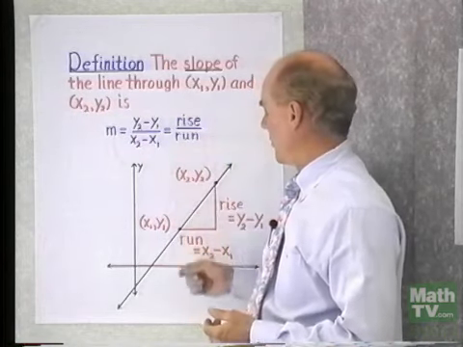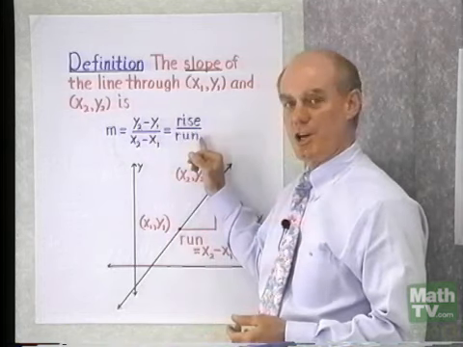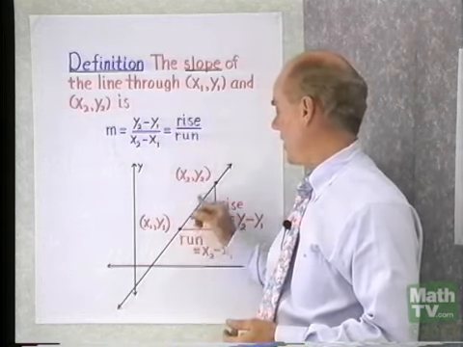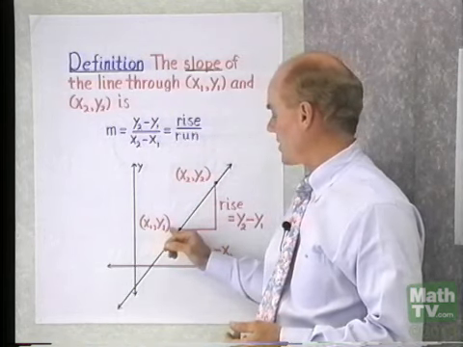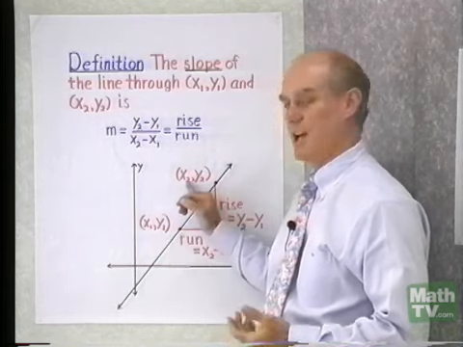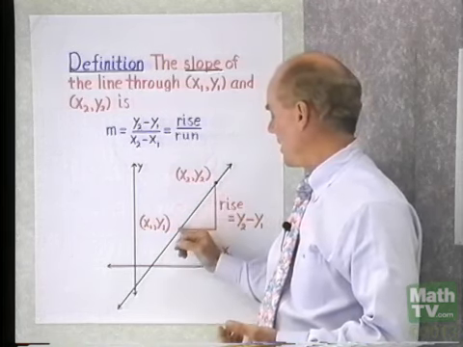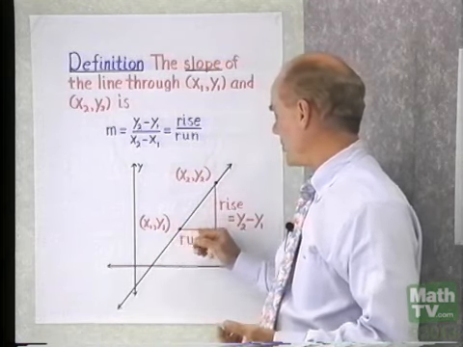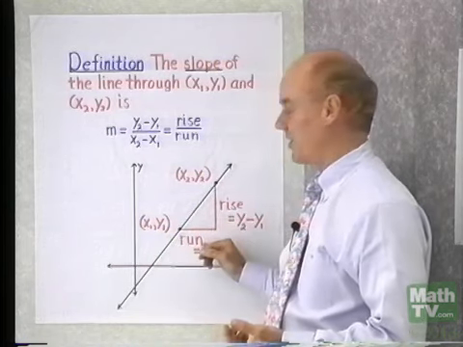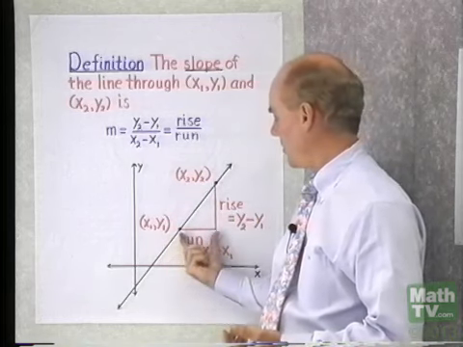Now rise over the run stands for the ratio of the vertical change to the horizontal change as I go from any one point on the line to another point on the line. So if this is the point (x1, y1) right here, and this is the point (x2, y2), then as I move from this point to this point, horizontally and vertically, the horizontal distance that I move is called the run in the graph, and of course that's the difference of the x-coordinates of this point and this point.